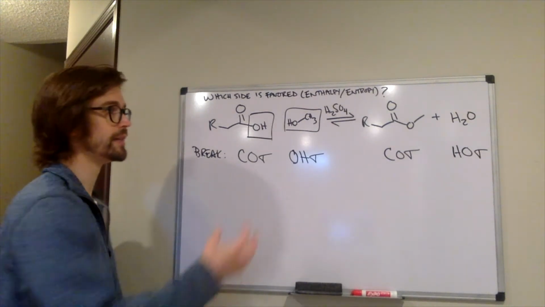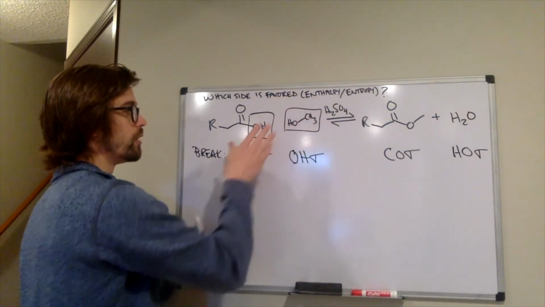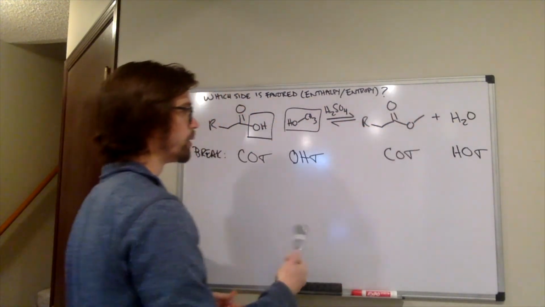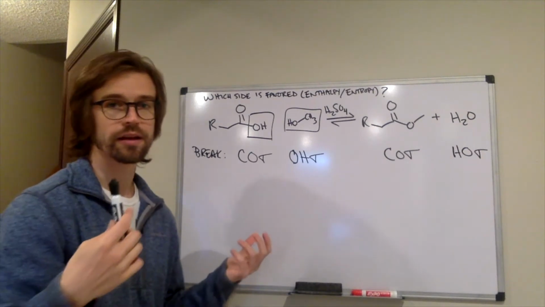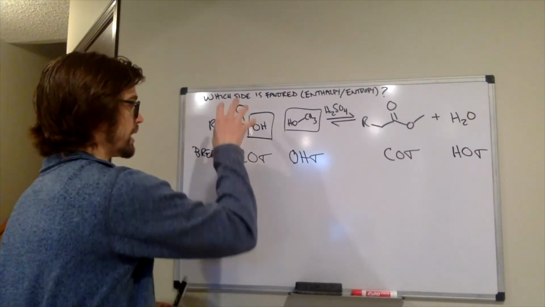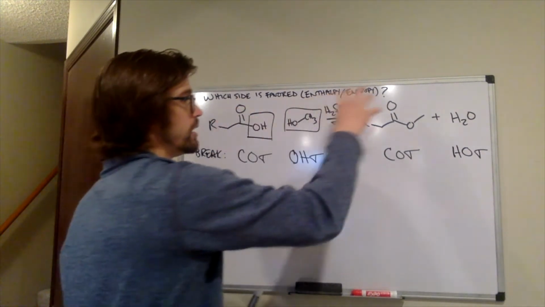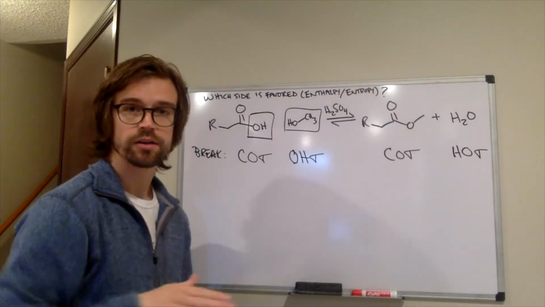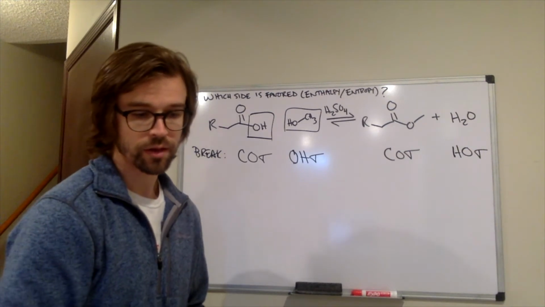Yeah, if we have an excess of this alcohol, that pushes the reaction in the forward direction. So if we're running an esterification reaction where we are taking a carboxylic acid, turning it into an ester, we're going to use an excess of this alcohol to push that reaction forward.